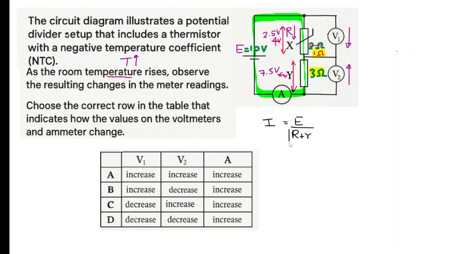The total resistance decreases, EMF is constant, so obviously the current will increase. So my answer is V1 decreases, V2 increases, current will also increase. So you can clearly see the correct option is C.